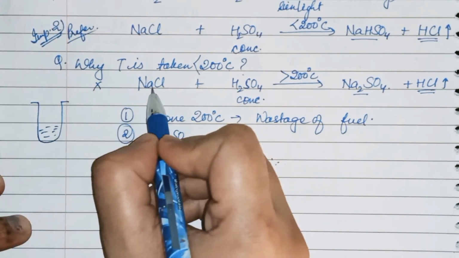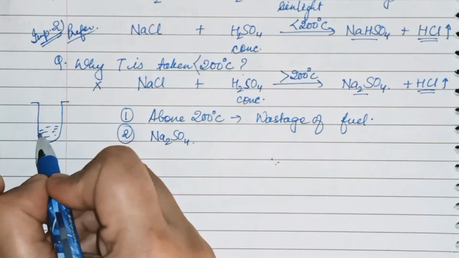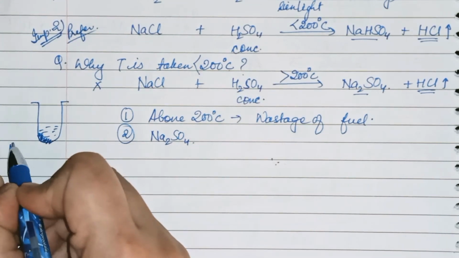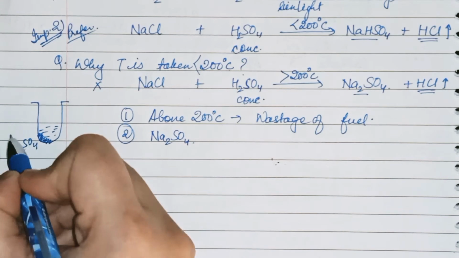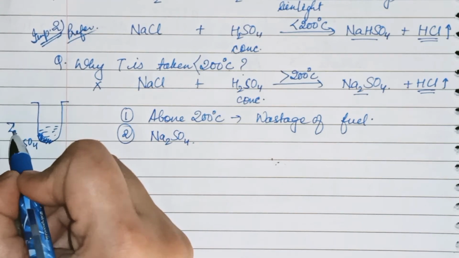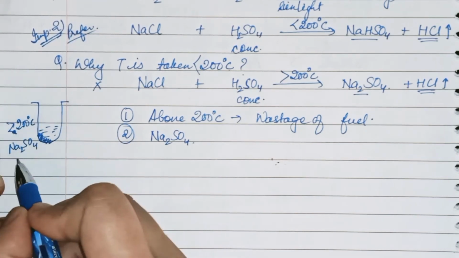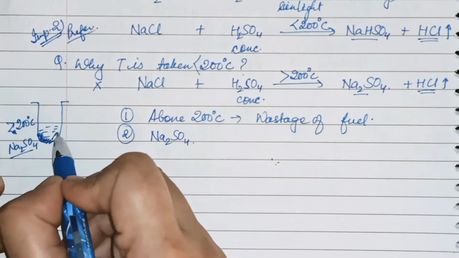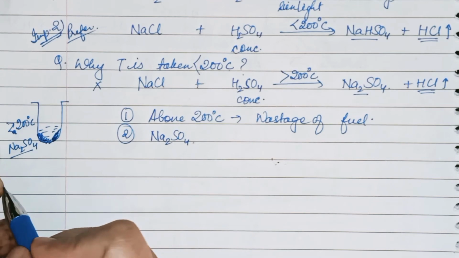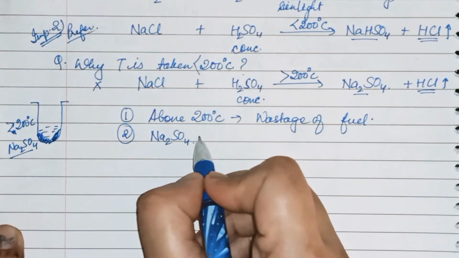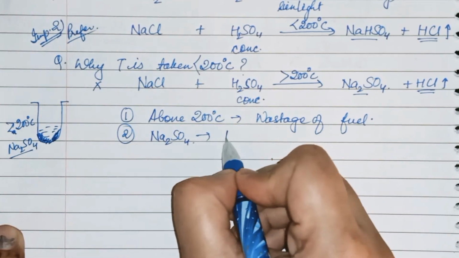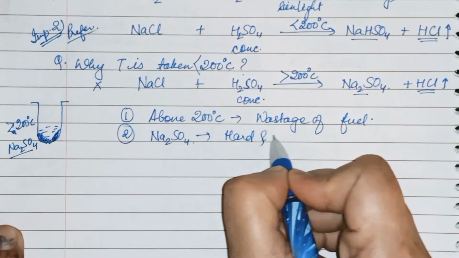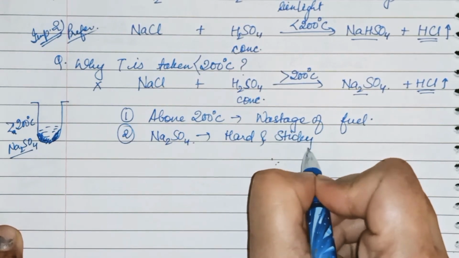NaCl and H2SO4 are taken here, and the byproduct Na2SO4 forms if the temperature is more than 200 degrees Celsius. So this sodium sulfate will stick on the surface of the glass apparatus. You can say this Na2SO4 is hard and sticky.